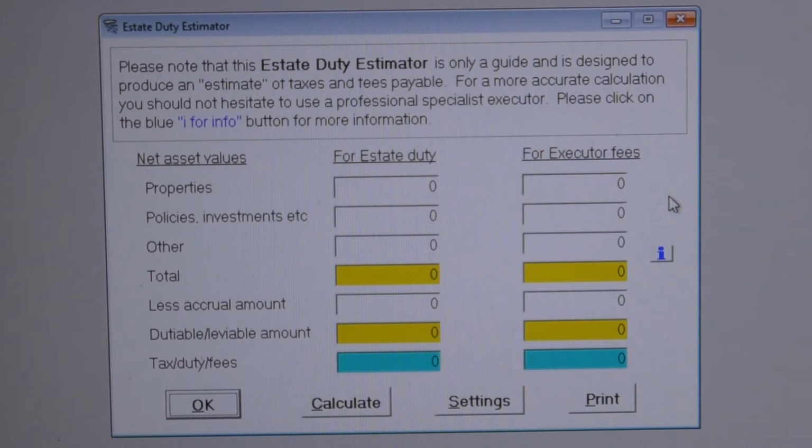The program is designed to display an estimate of whether 2,000 Rand or 2 million Rand would be required. The blue info button will offer more information on what amounts we enter where. The settings button allows the user to set rates and amounts.